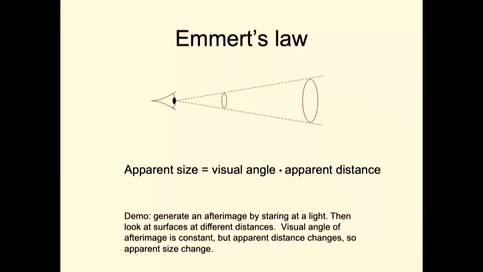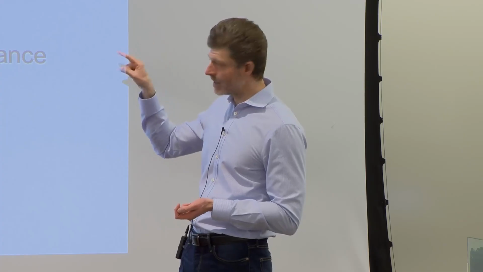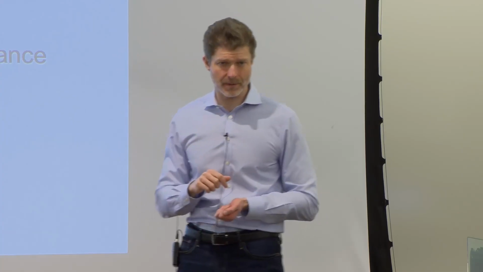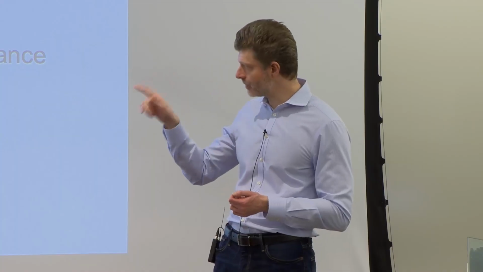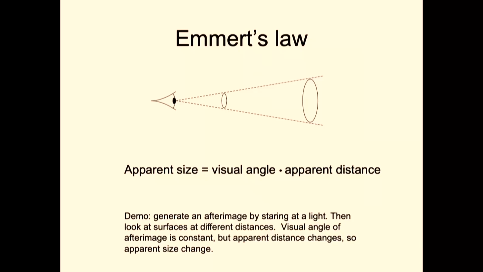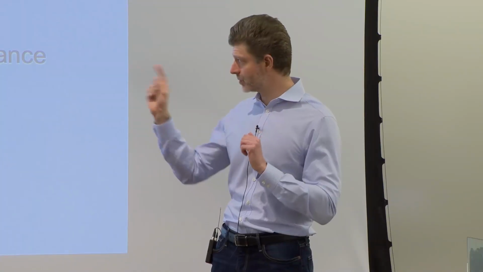The idea is shown here: you can have two objects of different sizes, and if the big one is further away, it will subtend the same visual angle as a small one that's closer. So there's this relationship between visual angle, inferred distance, and inferred size, because in the actual world, there would be a relationship between visual angle, distance, and size.